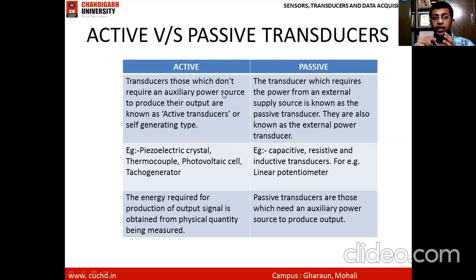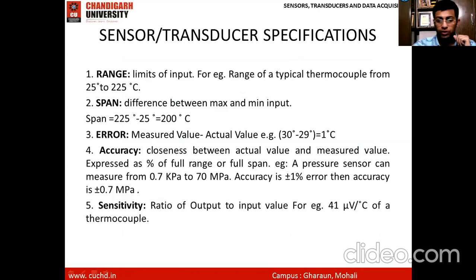It requires an AC voltage to be supplied to its primary winding. So it requires some voltage to work. Last point, the energy required for production of the output signal in the case of an active transducer is obtained from the physical quantity itself. As you know, energy can't be created nor destroyed. It is deriving the energy from the device itself. And a passive transducer, on the other hand, requires an auxiliary power source to produce the output.